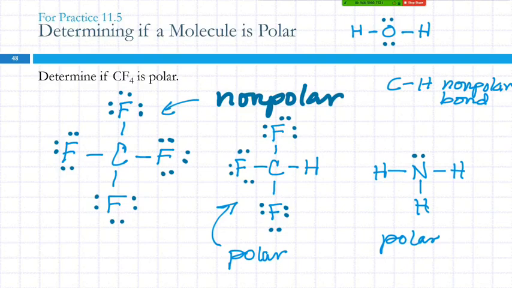And so even though the 2 hydrogens are the same, the vectors are not distributed evenly in 3-dimensional space, and so they add up to a net dipole. And so this one's polar. Does that answer your question?